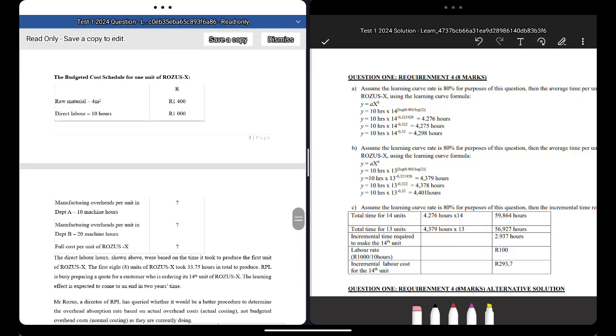They tell you over here, direct labor is 10 hours. That's 1,000 rand. If direct labor is 10 hours, 1,000 rand, what's 1,000 divided by 10? 10 rand. Sorry, no, 100 rand. So it'll be 100 rand per hour. So take 100 rand times this difference in hours, this minus this, and you get 293.7, and that's your answer.